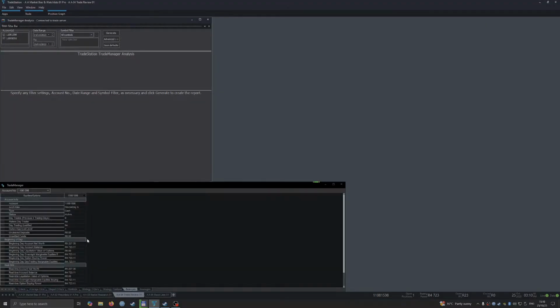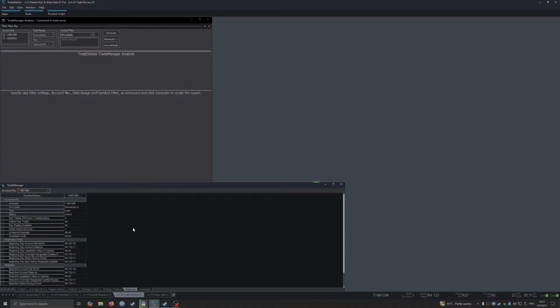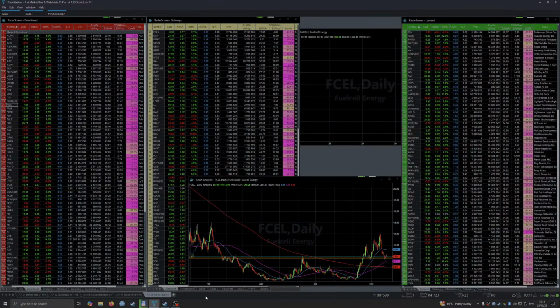Trade reviews. It's exactly what it says. It gives a sort of overview of your trades on the day or the month or the week or whatever. And this bottom section shows me information about my trading accounts. And here are my stock lists. I will come back to this in a little while.